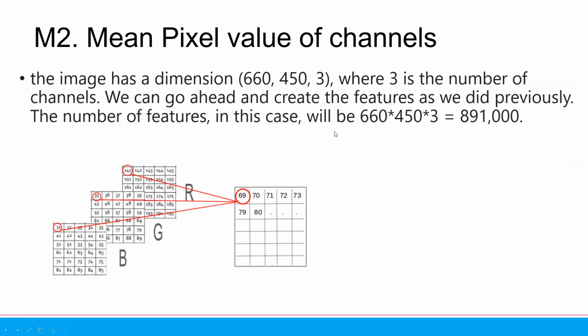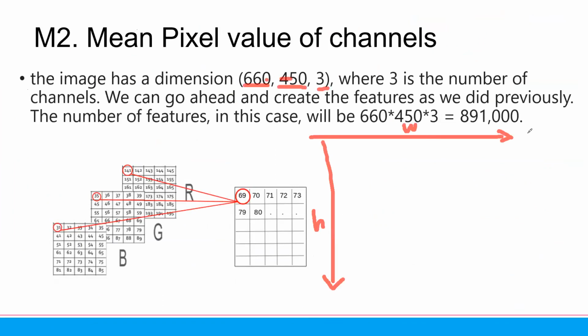We can use the mean pixel values. The mean pixel values means, as you already know, we have the width, the height, and the 3 channels. The width and the height represent the image width and the image height, and then we have the 3 channels.